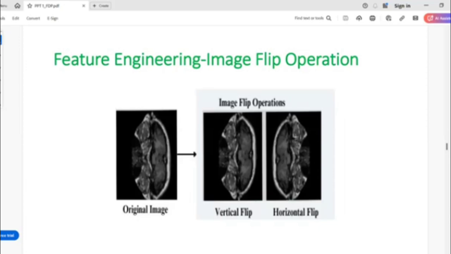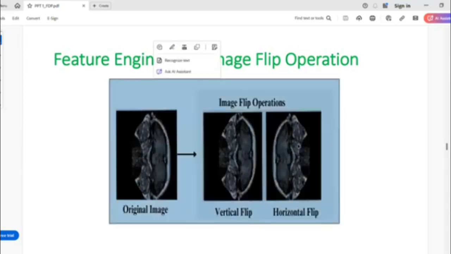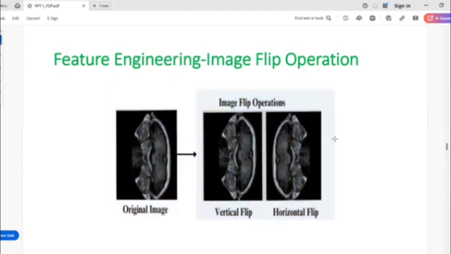The rows will be reversed in the case of a horizontal flip, and the columns will be reversed in the case of a vertical flip. At the end of the day, this will be converted into a matrix format. So in the case of a horizontal flip, rows will be interchanged, that is, rows will be reversed. In the case of a vertical flip, columns will be reversed. That is the fundamental logic in flipping.